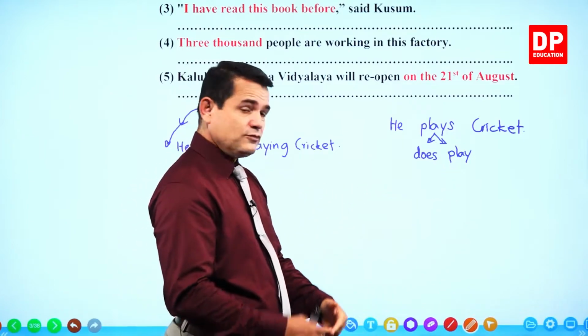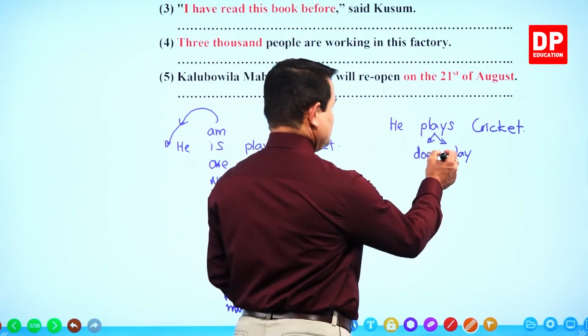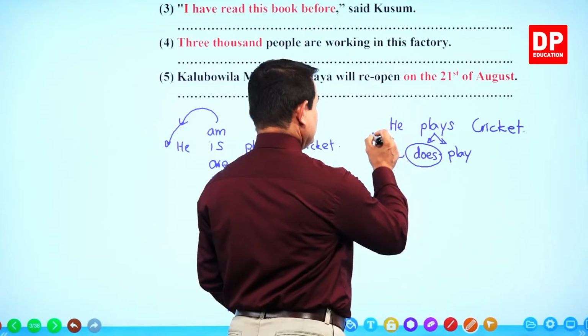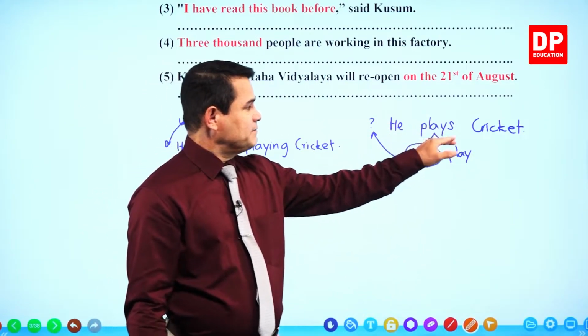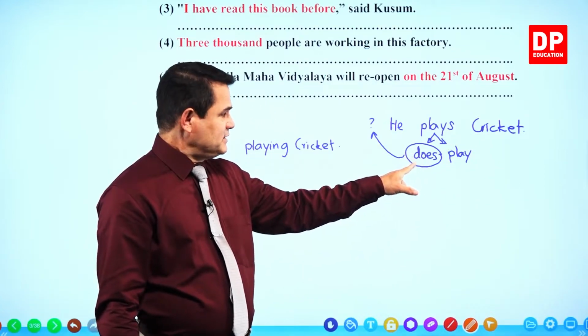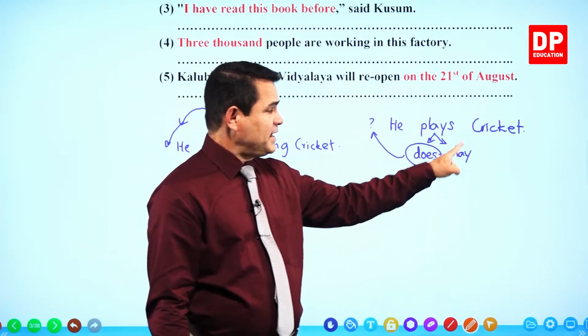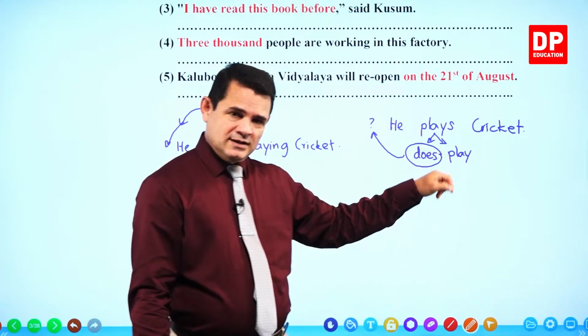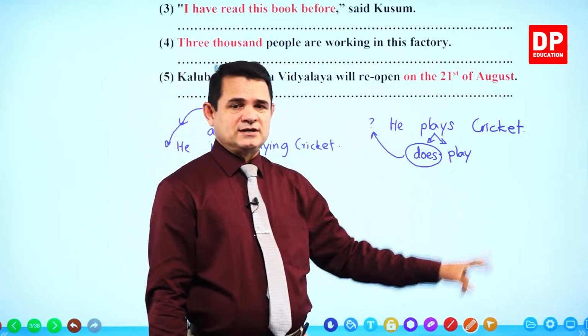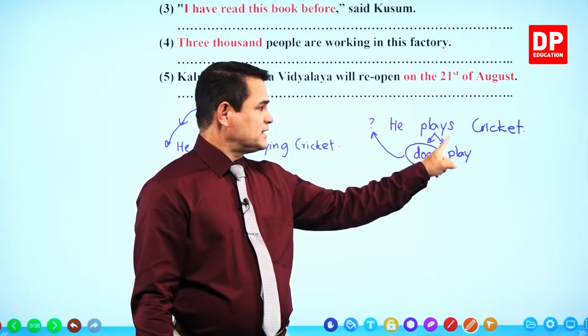Likewise. Then to form the question, you take this one to the front. Then it becomes a question. He plays cricket. Question, does he play cricket? He goes to the town. Does he go to the town? Goes එක go වෙනවා ඒ වගේ.